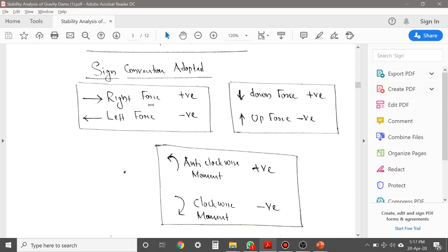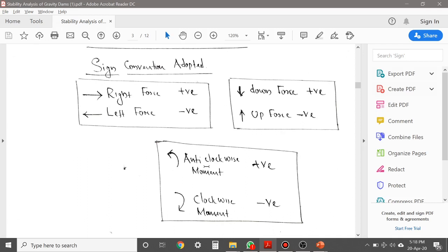You know that we will be dealing with so many different types of forces and also we will be taking the moment of different forces. So the sign convention adopted here is that for a right force it is positive and for a left force it is negative. If it is a downward force, that is positive, then for an upward force it will be negative.